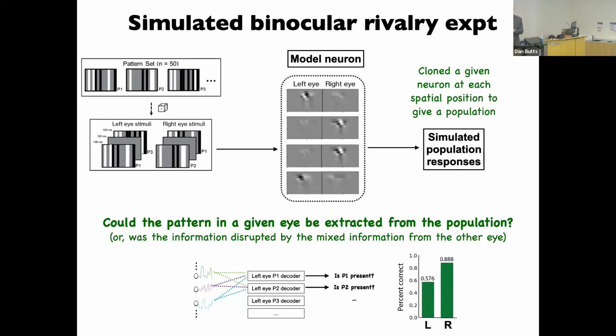So what nonlinear mixing does for you is it means that you can decode complex contingencies between left and right eye input, moment to moment, just using the responses.